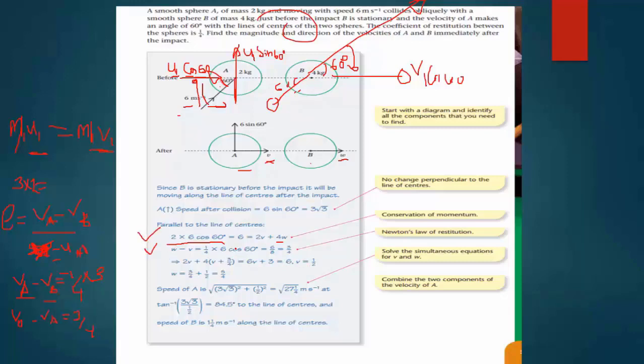So we can simply use the two equations to find the value of W and V. So we solve this simultaneously for V and W and we get the answer. Combine the two components of velocity of A. Kwa vile hapa tukitafuta jibu tutapata value ya V.